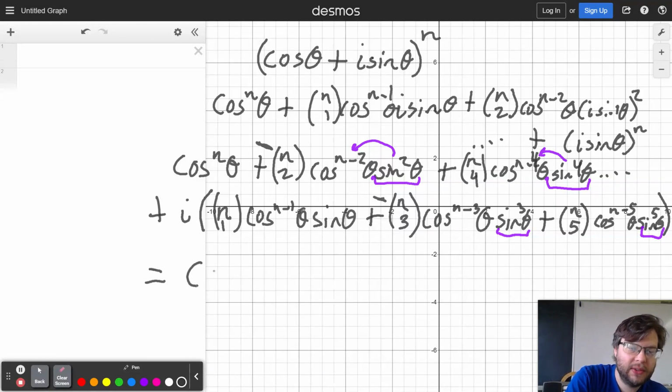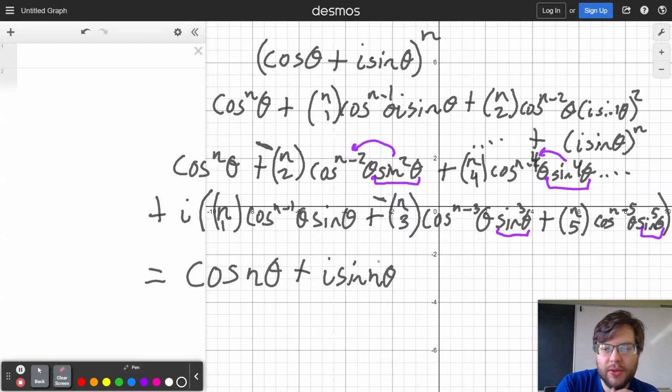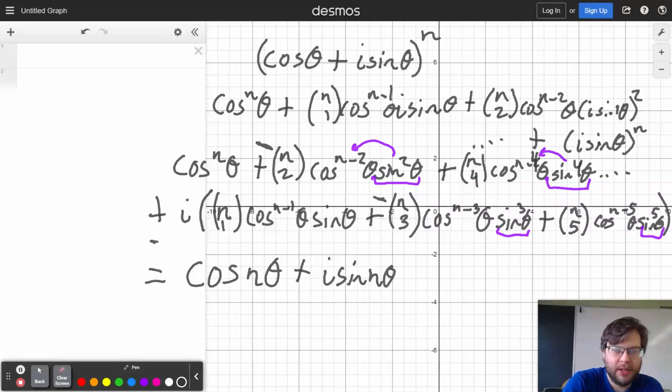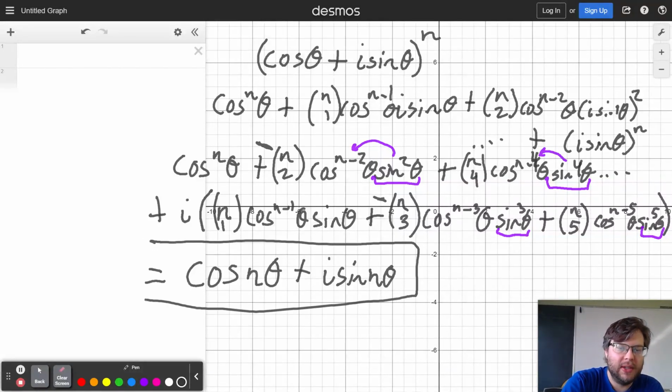We end up with cosine of n theta plus i sine of n theta. You can see that if you look at your angle addition identities for sine and for cosine, you can see how that might work out. Again, I may have bitten off more than I wanted to chew in this video, but the point is that that's where you're going to end up.